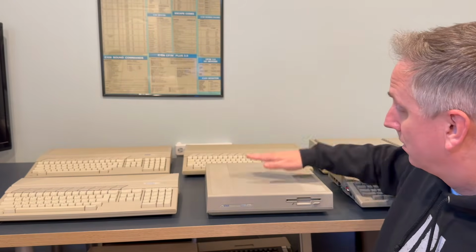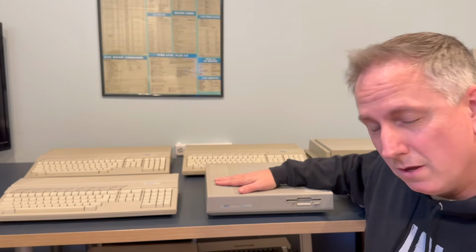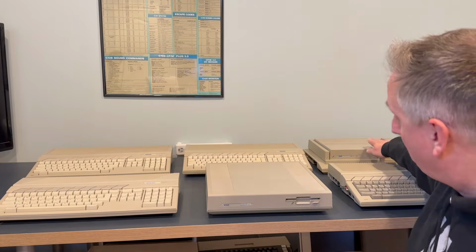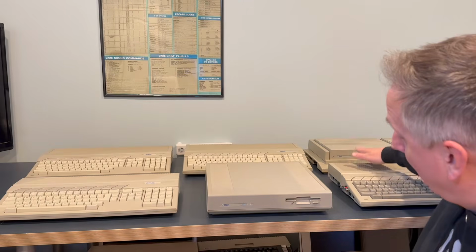What we have here is a stock Atari 520 ST, stock 1040 ST, stock Mega ST4, as well as an upgraded Mega ST4, a stock STE, as well as an accelerated upgraded STE, Mega STE, and Falcon 030 upgraded in multiple different configurations as well.